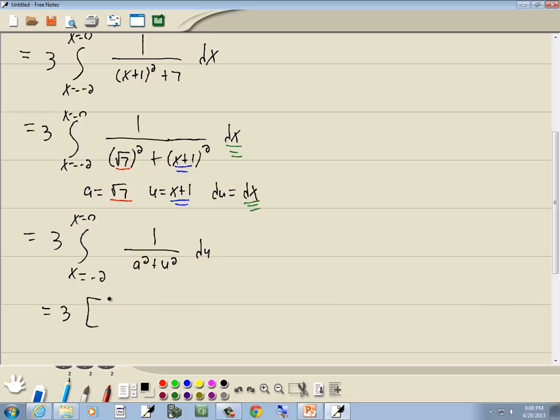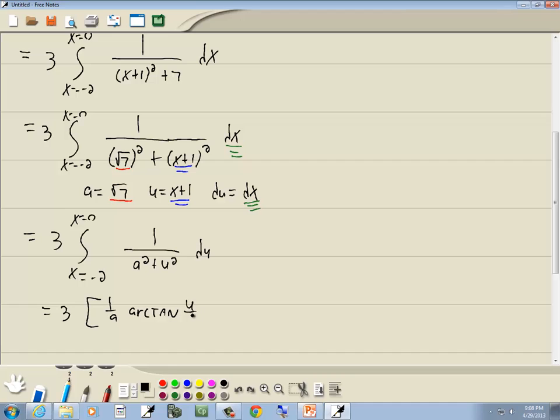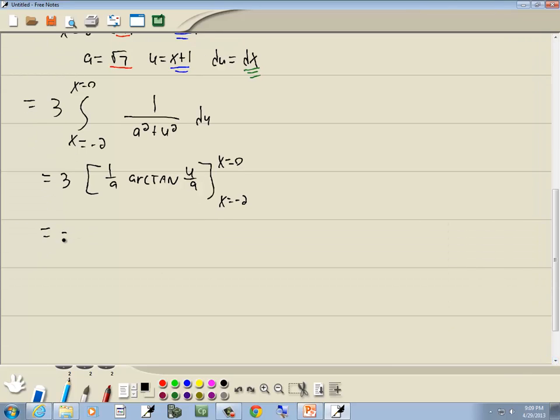So it becomes 1 over a arctangent of u over a from x equal to -2 to x equal to 0. Now plug things back in. So this becomes 1 over a, so 1 over square root of 7, arctangent of u, which was x plus 1, over a, which was square root of 7, from x equals -2 to x equals 0.